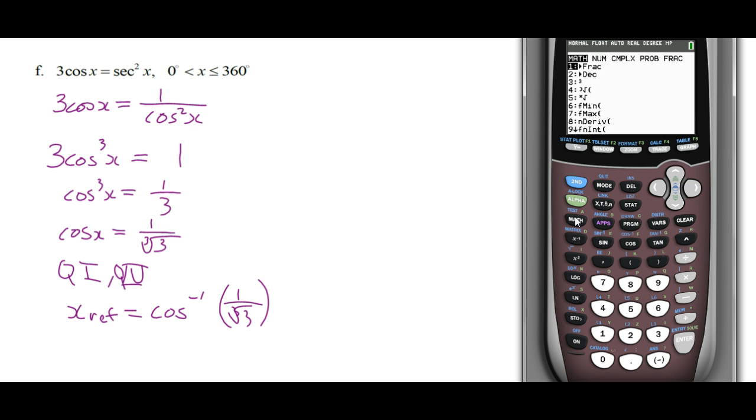You can find the cube root in math number 4, right? So 1 divided by cube root 3, 46 degrees. And if you had rationalized it, what did I say it would be? Cube root 9 divided by 3.